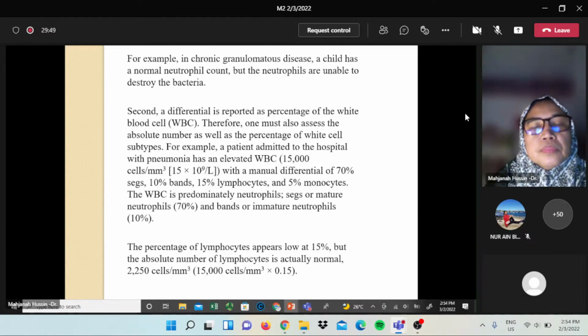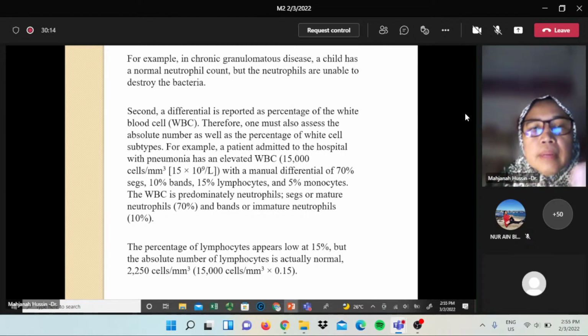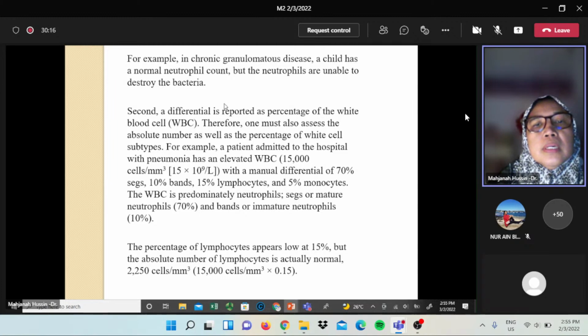Normally they will get blood from the child who has a disease like this, and check under the microscope how much neutrophil per square, then multiply it by the size of the area. So this is a presentation for chronic granulomatous disease, the WBC blood count.